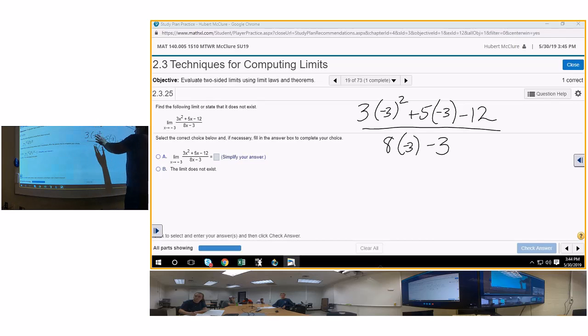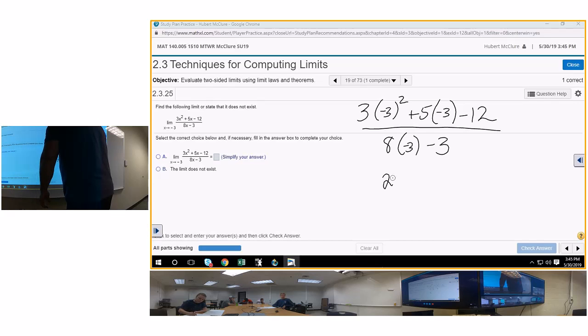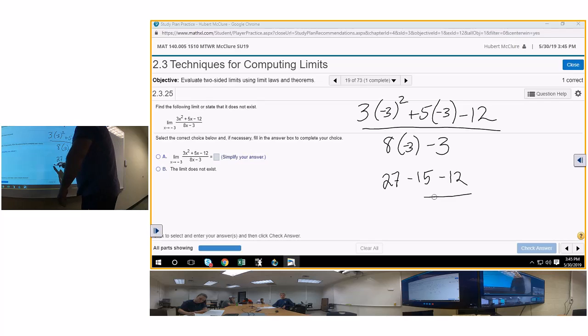-3 squared is 9. 9 times 3 is 27. -3 times 5 is what? -15. Minus 12, over -24 minus 3.